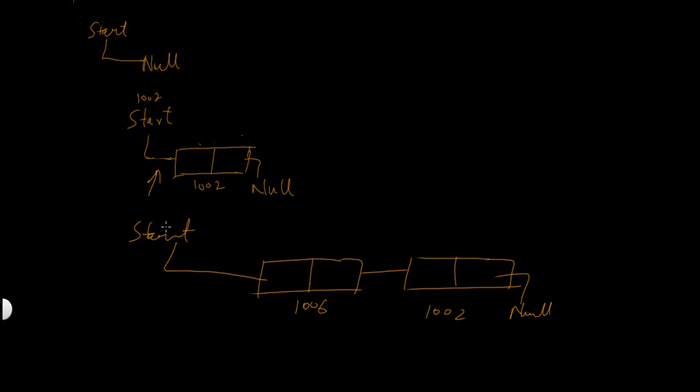So the value of start will also change, because start always stores the address of the first node, and in case of add at beginning, the new node which is inserted at the beginning becomes the first node in the list. So if I add another node at the beginning in this list, then the new node will be inserted here at the beginning, and that node will again become the first node in the list.